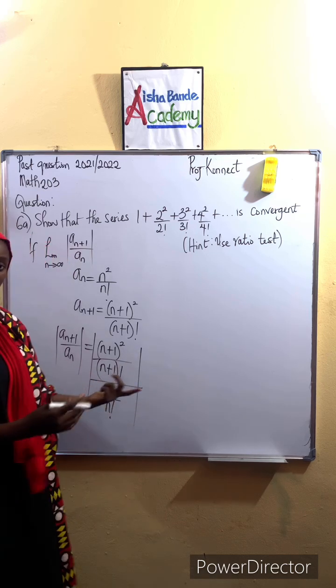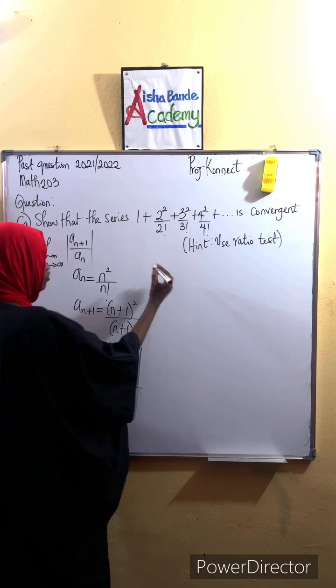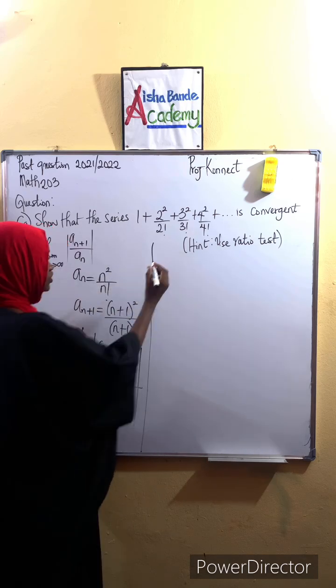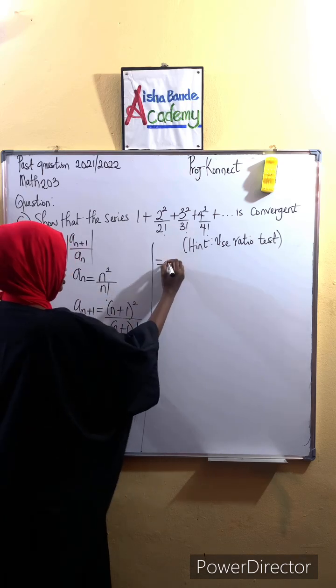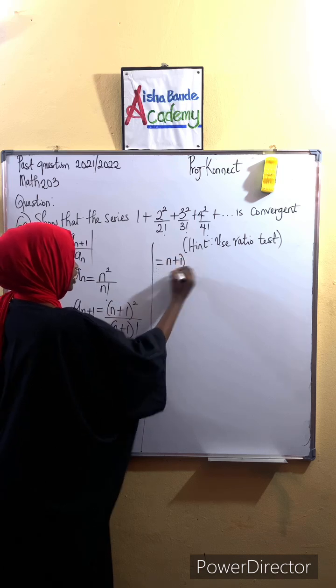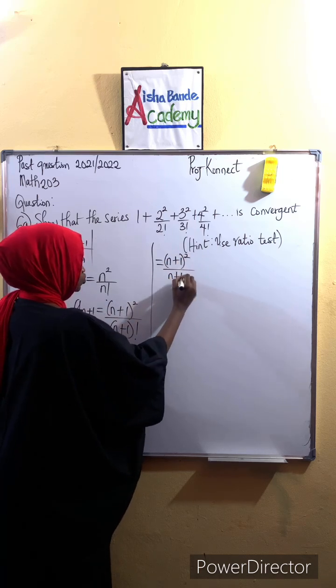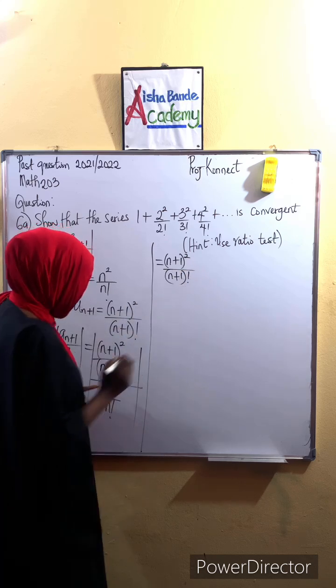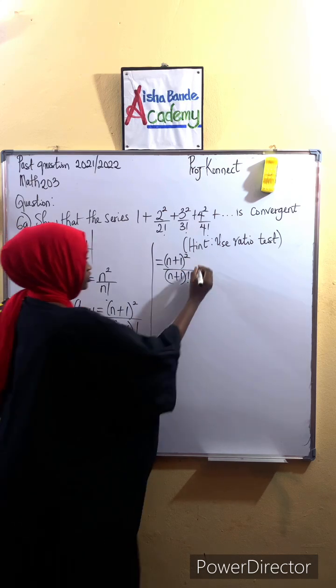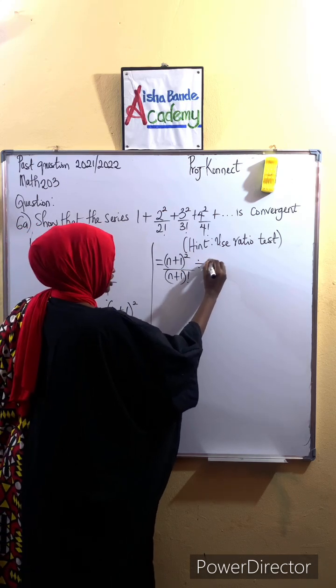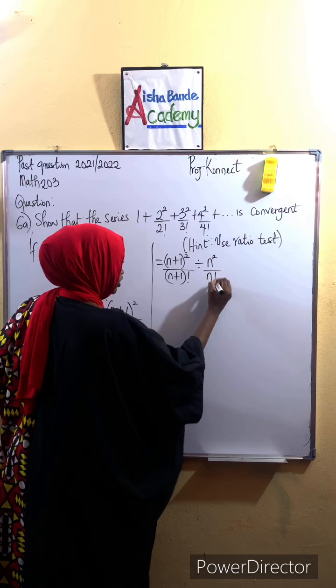So from here we keep simplifying. This is the same as saying n plus 1 square over n plus 1 factorial, divided by n squared over n factorial.